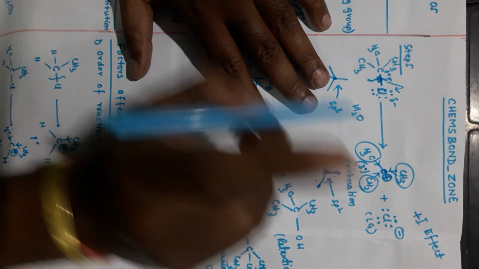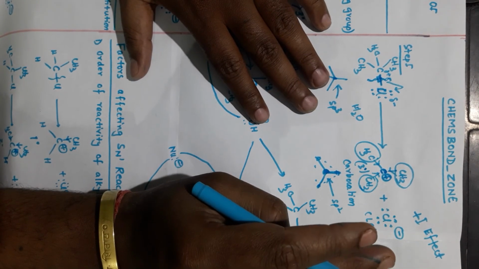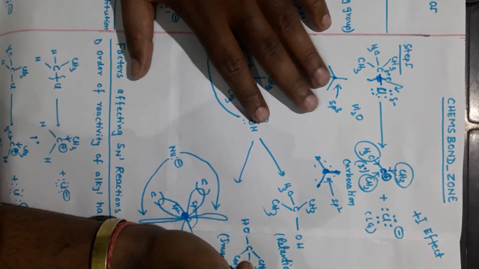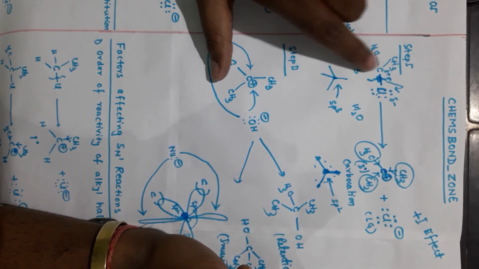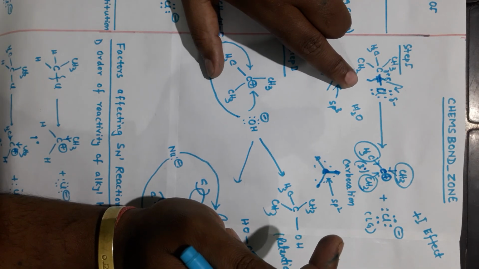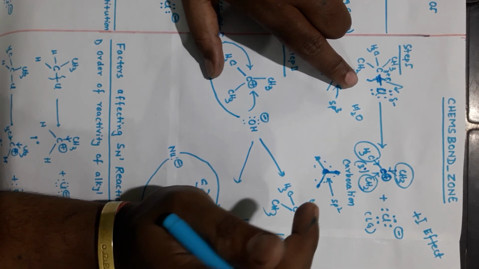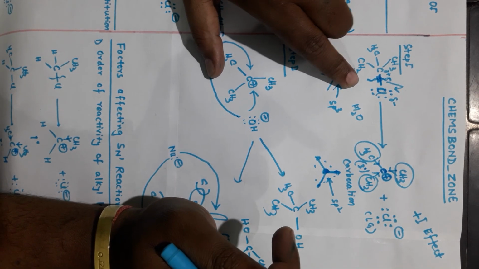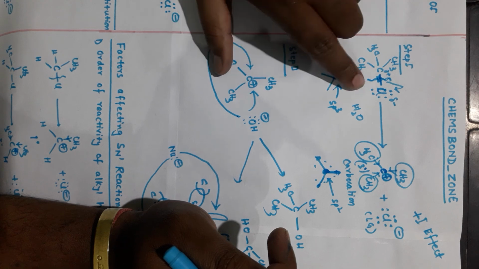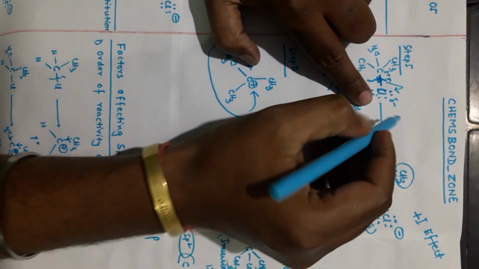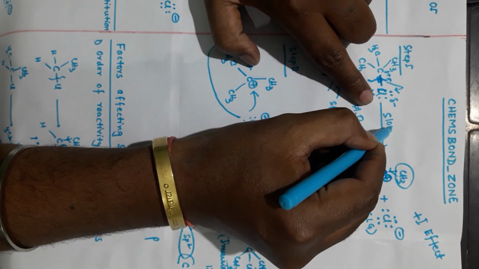And when a reaction occurs in more than one step, that type of reaction is known as a complex reaction. So Sn1 reactions are complex reactions because they occur in two steps. And in complex reactions, the step which is the slowest is known as the rate determining step. Among these two steps in Sn1, the first step is the slower step.